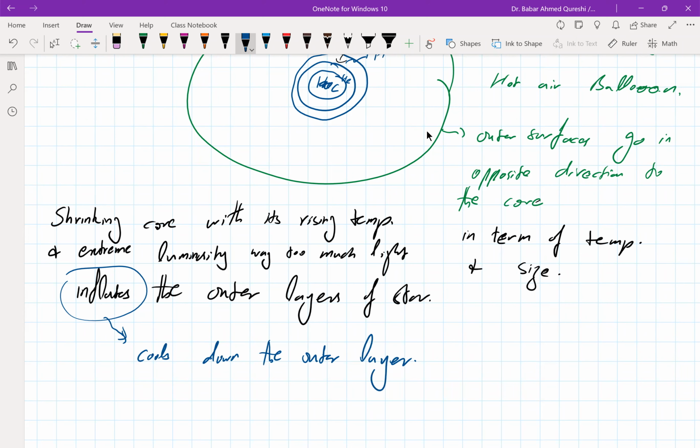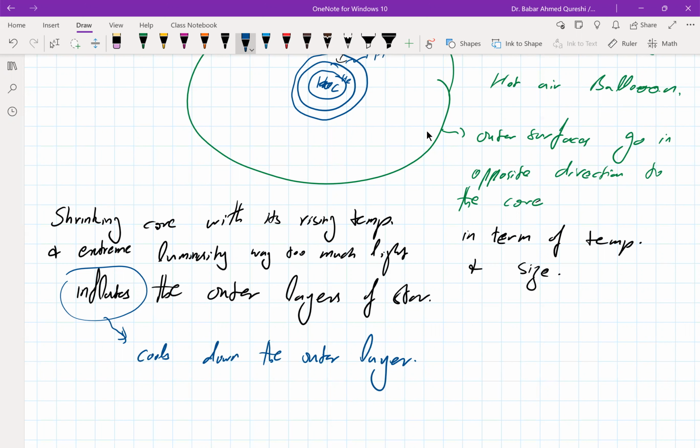So if you see a star whose outer layers are cooled down, that doesn't mean that the internal core would also be cool. The internal core may actually be much hotter. If the cooling is because of the large size, that means there is some energy source inside which has inflated the outer layers.